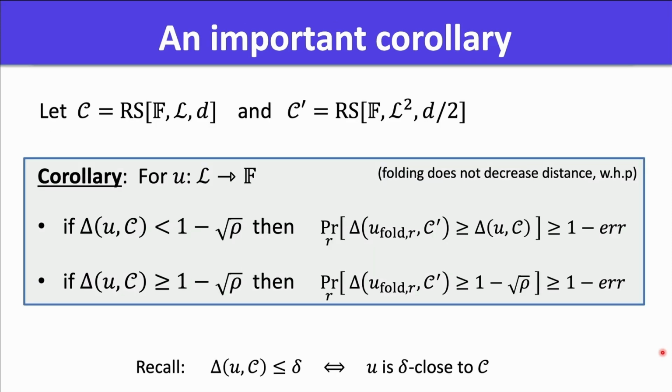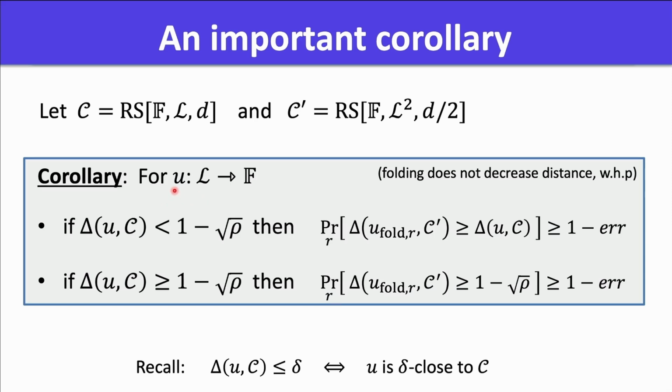Now, there's an important corollary of these two facts, which is the main corollary that we will use in the analysis of FRI. And so the corollary says as follows: let C be the original code and let C prime be the compressed code. Then the corollary says that in fact folding does not decrease distance to the code. What does that mean?